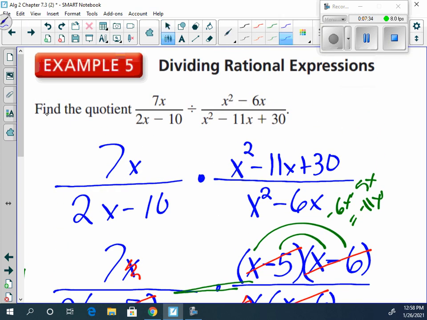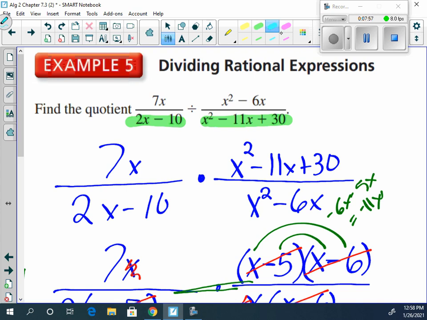So I'm just looking back up here at what we started with. Let's get a highlighter. So I know that 2x minus 10, if that becomes 0, I'm dividing by 0, correct? Oh yeah, because that's in the bottom of the fraction. How about x squared minus 11x plus 30? Well, if that becomes 0, I'm dividing by 0 again, yes?